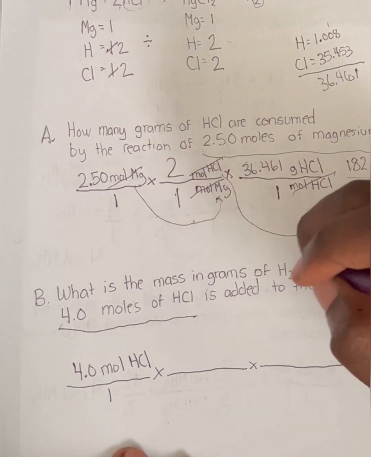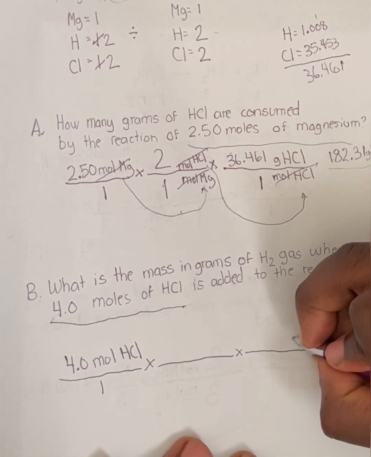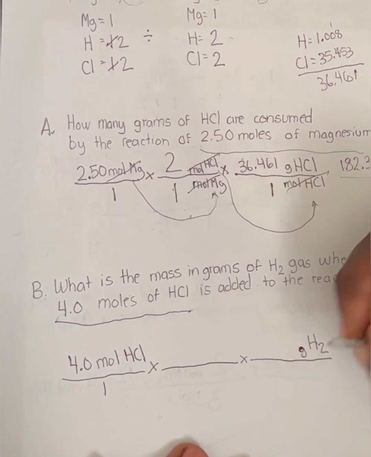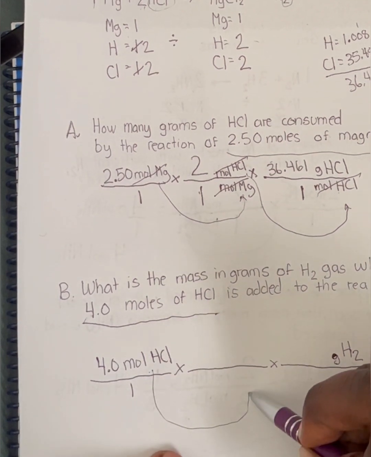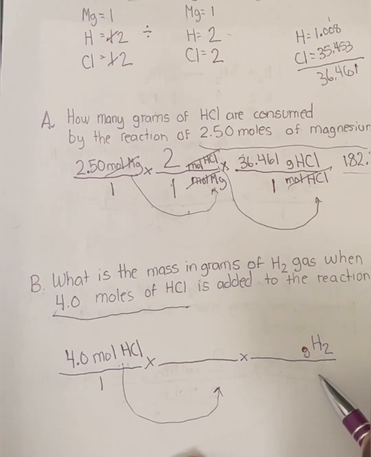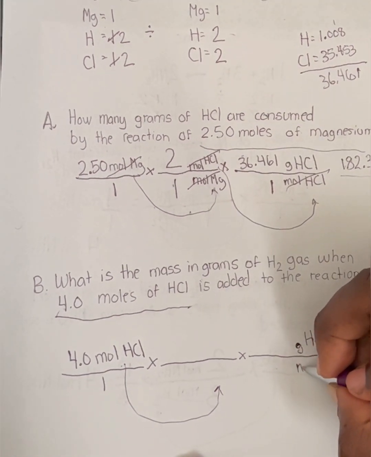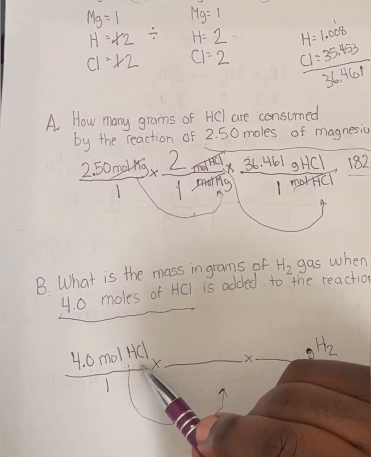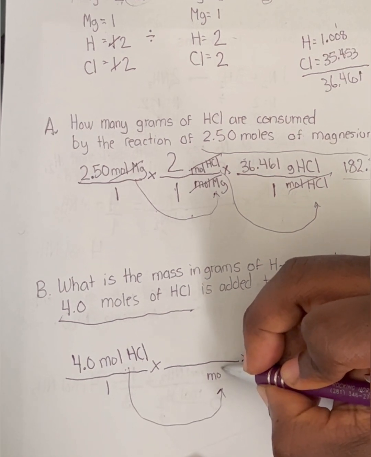What is the mass in grams of H2 gas? So remember, that's what we're ending up with. So grams of H2. So again, whatever is up here is going to go down here. And remember also, if I have grams of H2 over here, I'm going to have moles of H2 at the bottom. So moles of HCl is up here, so down here is going to be moles of HCl.